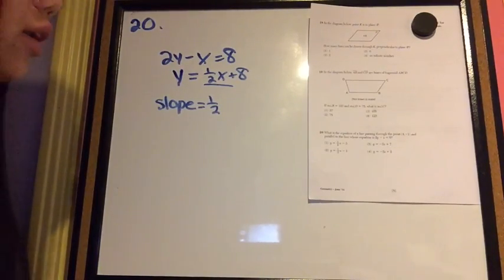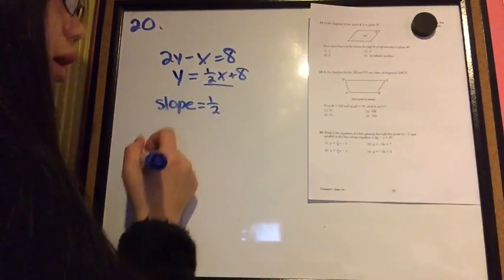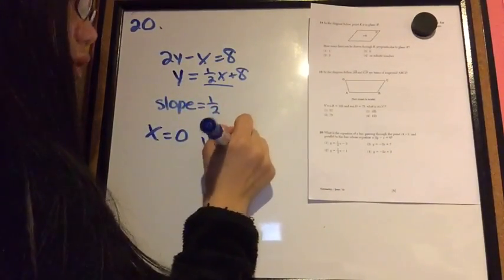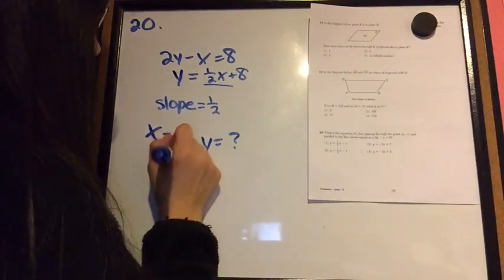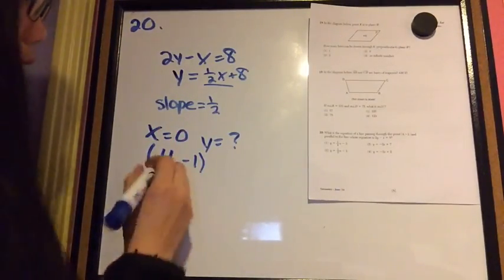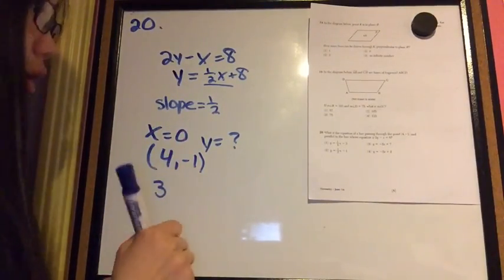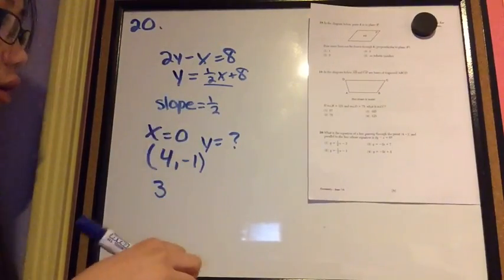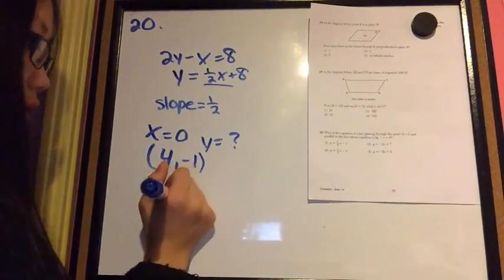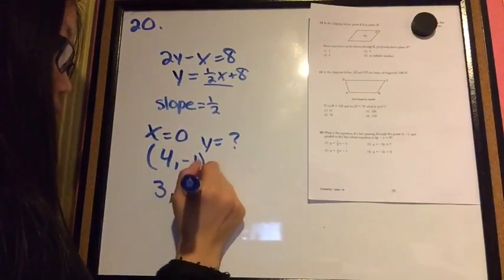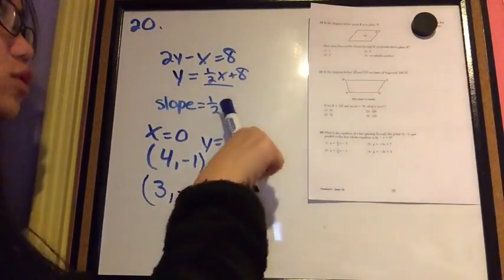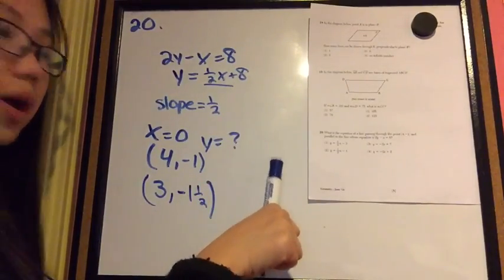Now we must find when x equals 0, what is y? And it gives us a point (4, -1). So if we go back to 3 and we subtract 1/2, it would be -1 1/2. We subtracted 1/2 because the slope is increasing by 1/2.